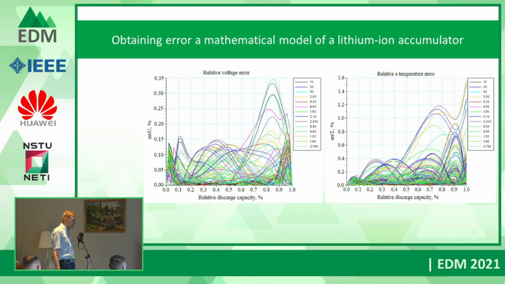From this slide we see that the error of the voltage model is not more than 0.35%, and the error of the temperature model is not more than 1.4%.